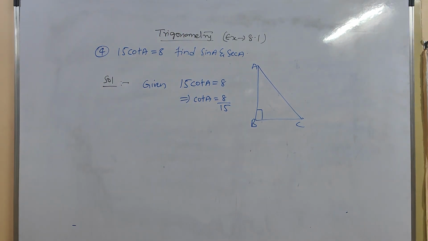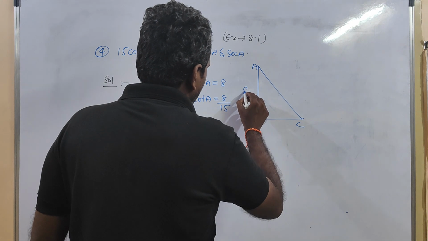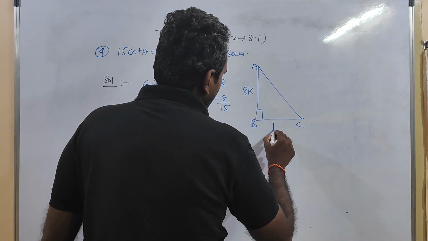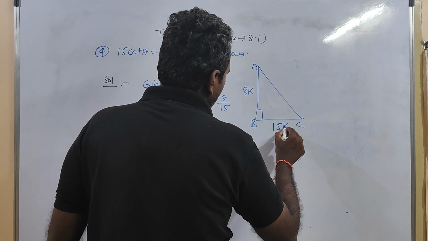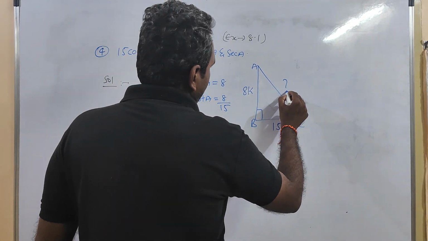Definition for cot is adjacent side by opposite side. So adjacent side is 8. I already told you how to make it as 8K, and opposite side is this one. This has to be 15K, and this you have to find.